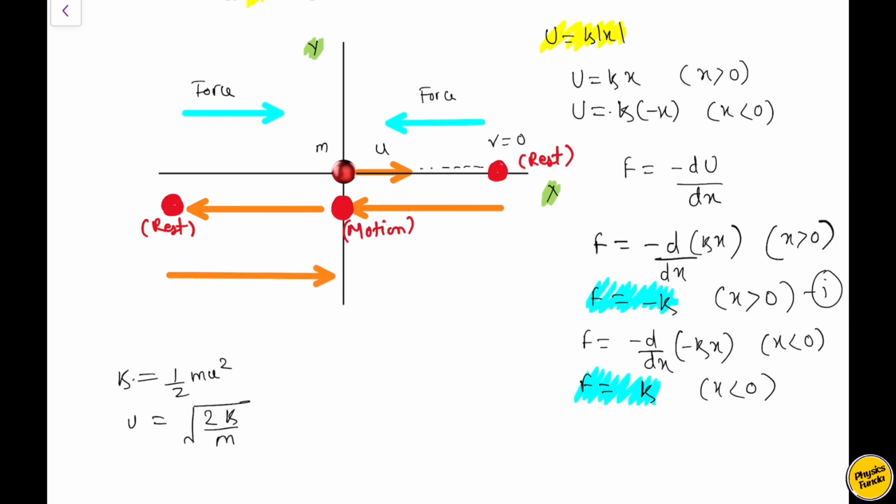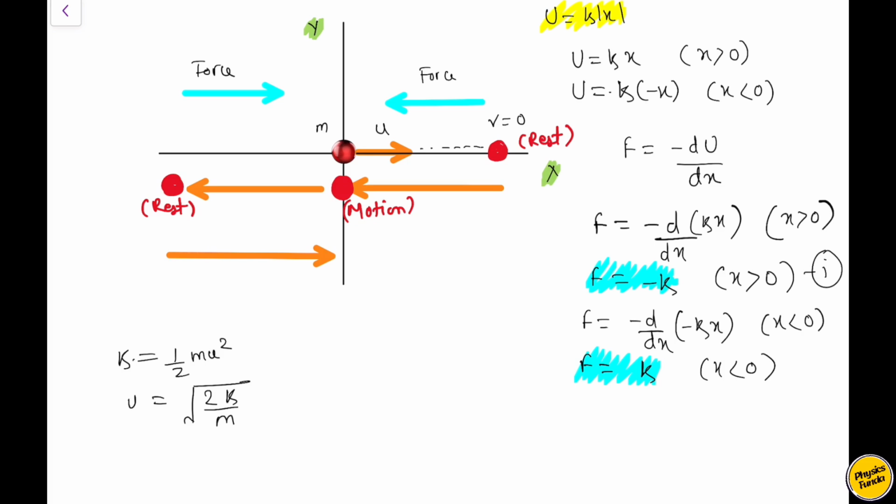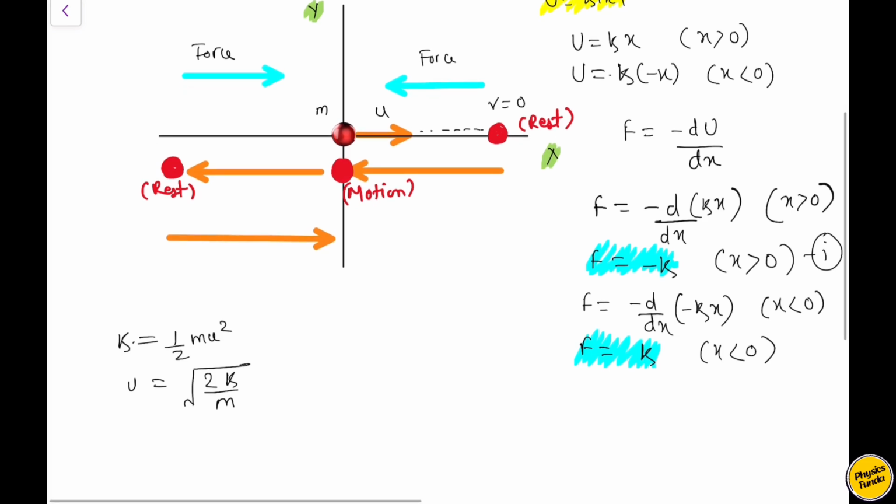So you can see that this particle is oscillating within a certain range, right? And it is symmetric about the y-axis, right? I cannot say that this particle is doing SHM, because if you see my force value, in both the cases these values are constant, right?